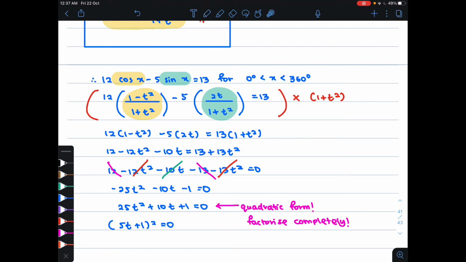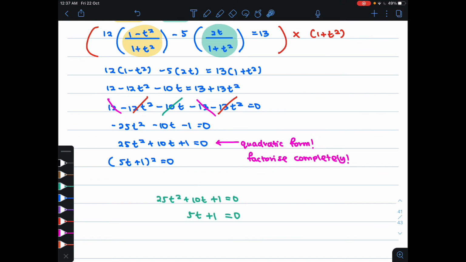So when you rearrange, you'll get 5t plus 1. And since it comes from the quadratic equation there, therefore it should have a squared sign outside the bracket. If you just write 5t plus 1 equal to 0 like this, from this quadratic equation, this is wrong because this is linear and this is quadratic and they are not the same.